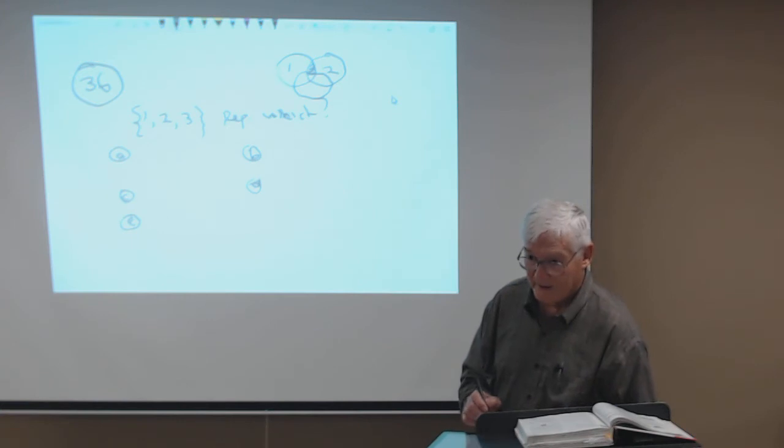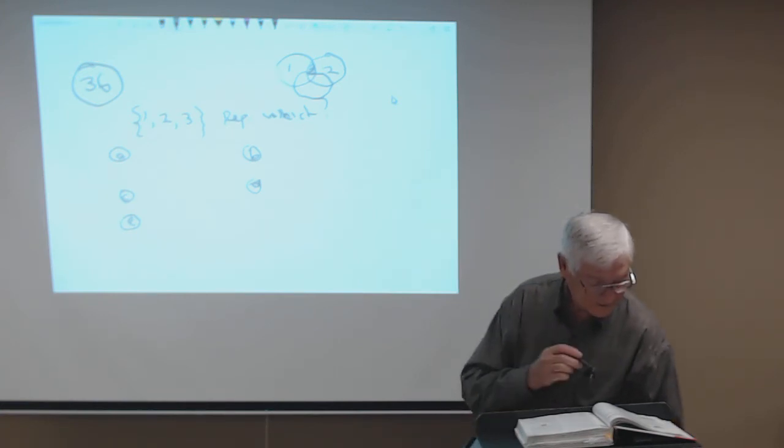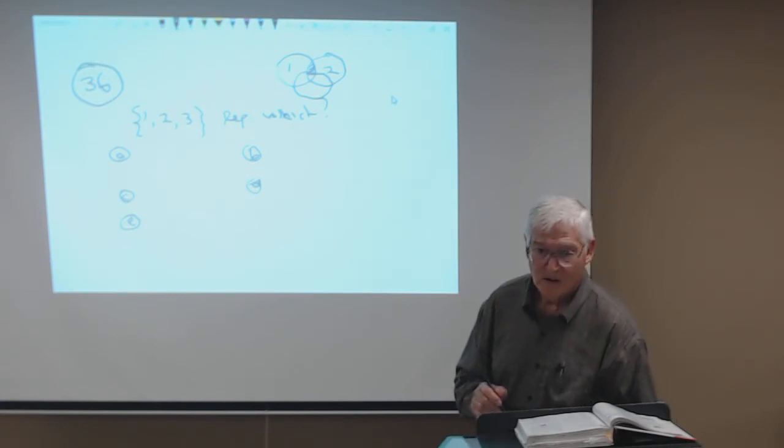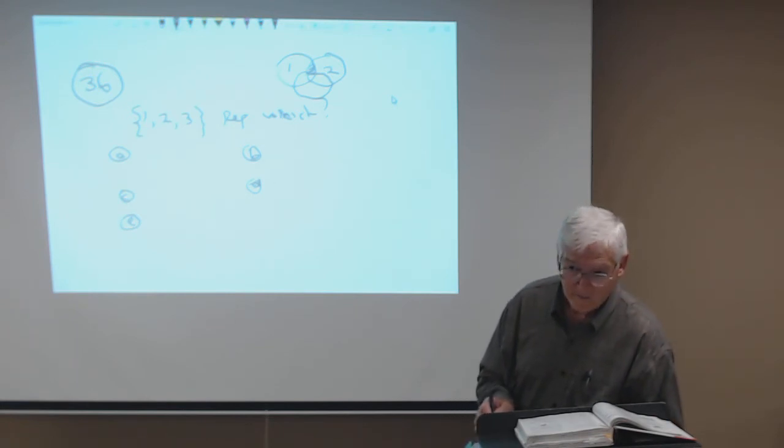Everybody see that? Regions 1, 2, 3, right there at the top of the picture. Everybody see where those are in the picture? On page 80. Regions 1, 2, and 3.